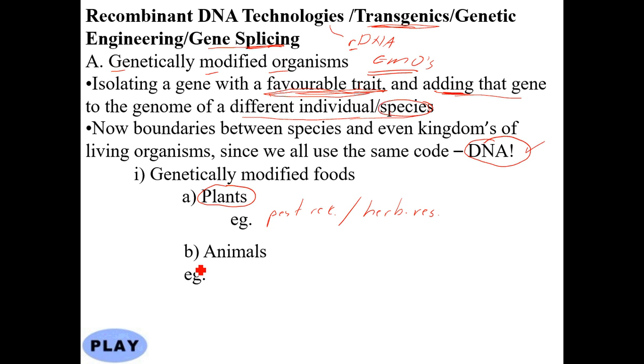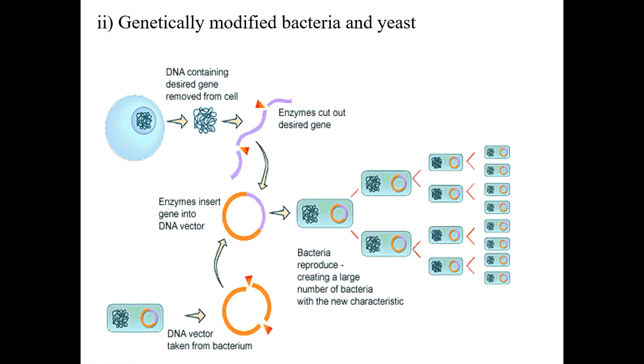In animals, a few have been tried, but there's just one that I'm aware of on the market, and that is Atlantic salmon. A gene is inserted that doesn't allow the salmon to get any bigger, but it allows it to grow at a faster rate. Those are the genetically modified foods we're talking about.